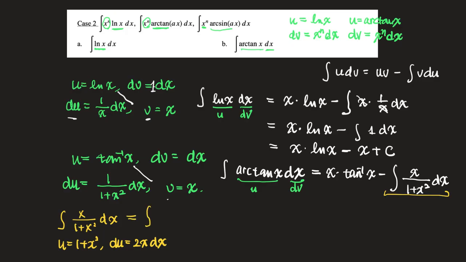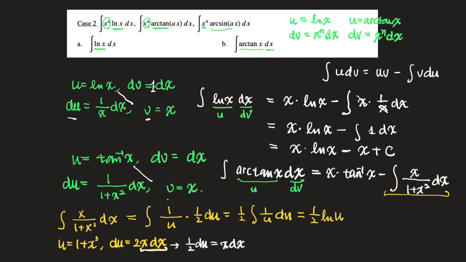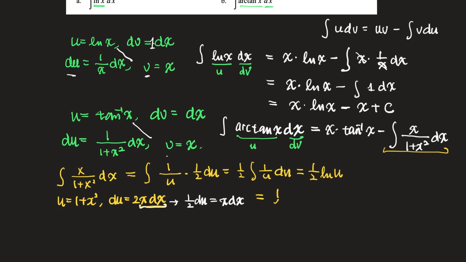So this changes to the integral of 1 over u times x dx. x dx is 1 over 2 du. So I get 1 over 2 times the integral of 1 over u du. So this is 1 over 2 ln u. Substituting back, you see 1 over 2 ln of 1 plus x squared plus c.